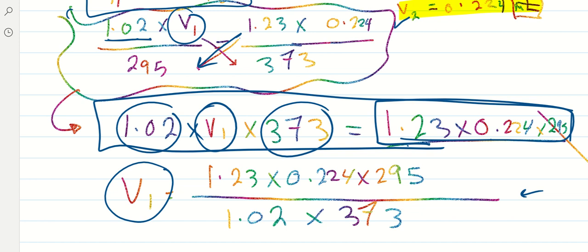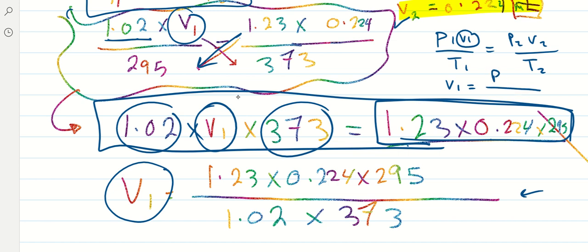If you want to first rearrange, you're going to say P1 V1 over T1 equals P2 V2 over T2, and you want V1 alone, right? So V1 alone will be P2 V2 T1 over T2 P1.